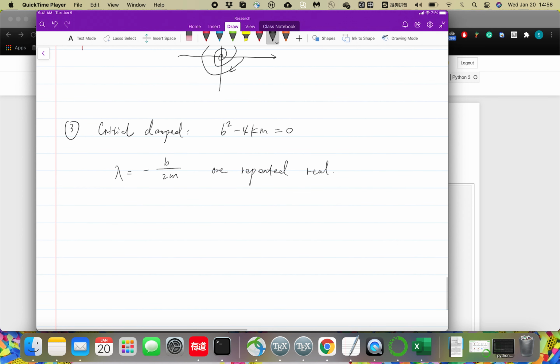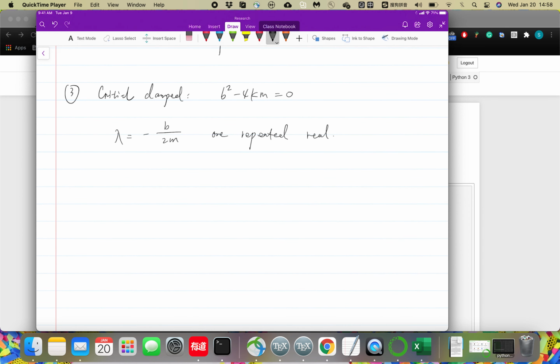Okay, and it's negative. So what you're going to get is you are going to get a phase portrait looking like a repeated. Okay, moreover, they're all coming in because your lambda is less than 0. Okay, that's what we call critical damped. Not this way. That's not smooth. I should do it carefully. It's this way.